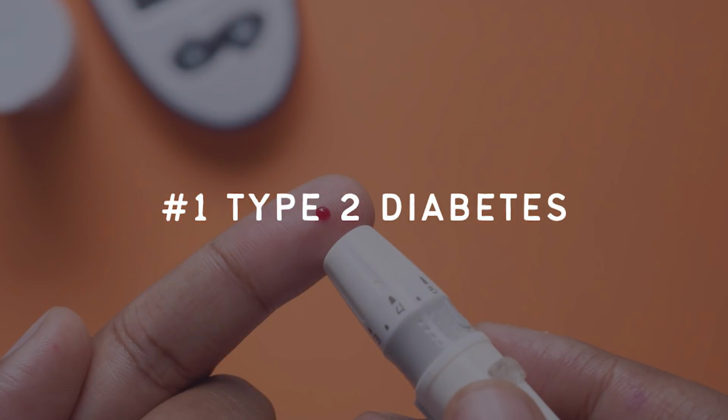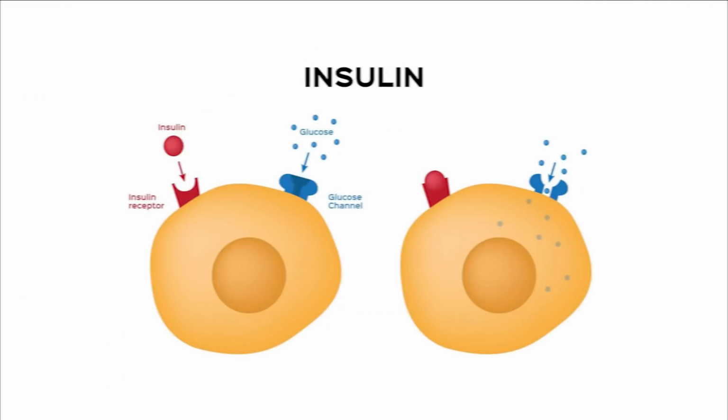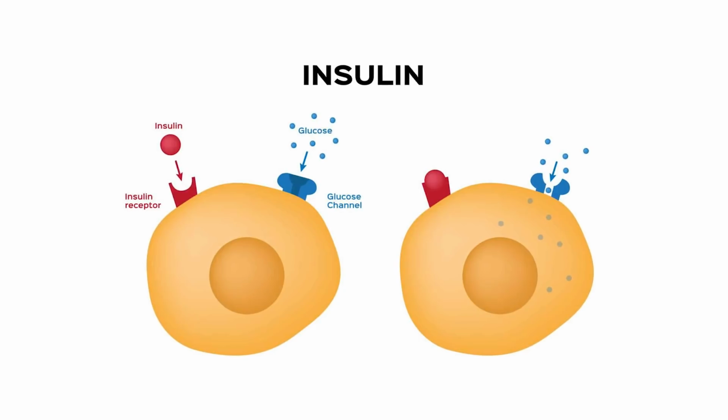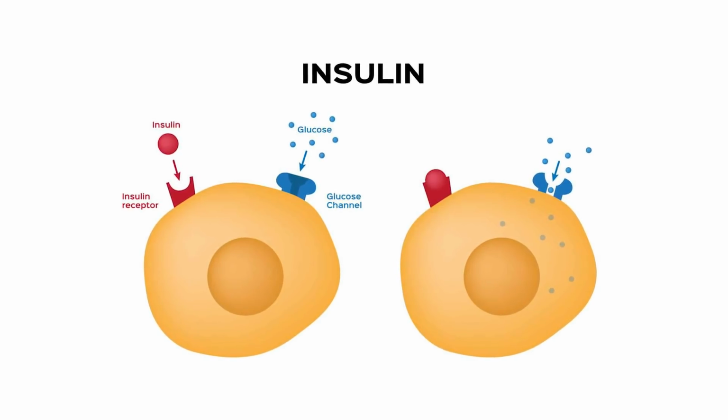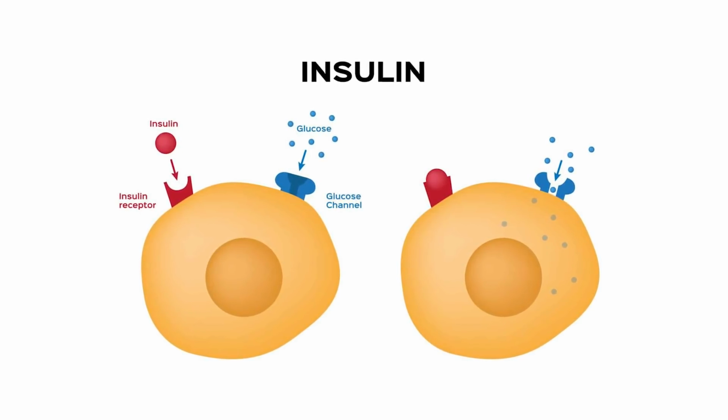Number 1, type 2 diabetes. The relationship between insulin resistance and type 2 diabetes is probably the most straightforward. Insulin is a hormone responsible for getting excess sugar from our blood to our cells. It acts as a key, signaling your cells to let the glucose in. When you become insulin resistant, however, your cells become overwhelmed and they stop responding to the actions of insulin.